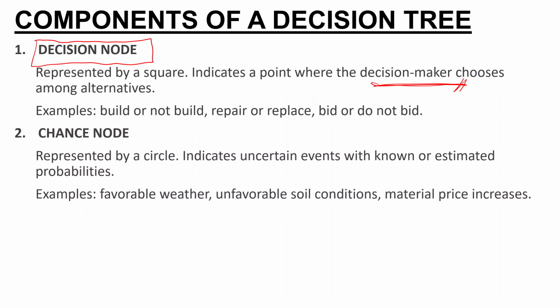Next is what we call the chance node. Generally represented by a circle, it indicates uncertain events with known or estimated probabilities. So here we apply the probabilities.